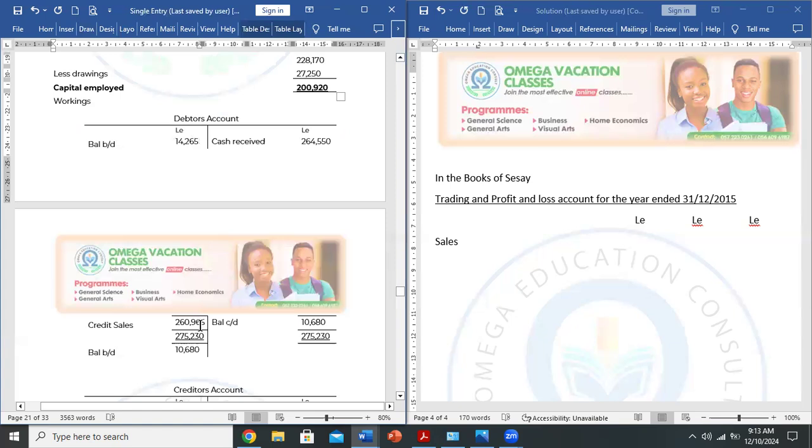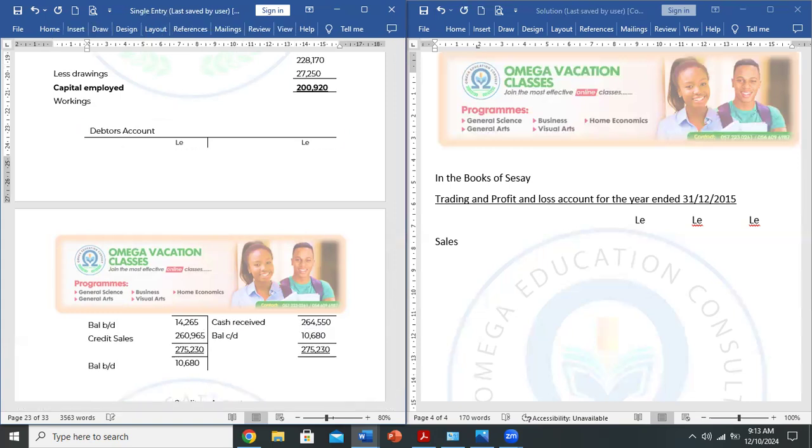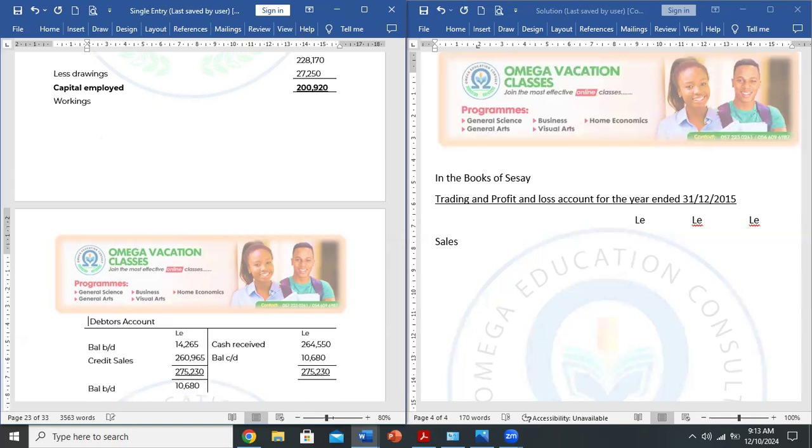So when you do that, your credit sales will be 260,965. I want to believe my professors can prepare the debtors account. That's my major issue. Because if you can prepare the debtors account and get your credit sales, then you are good to go with your trading account, right?